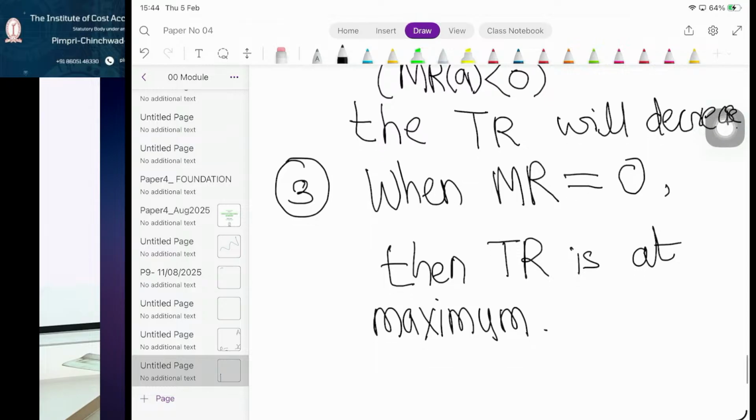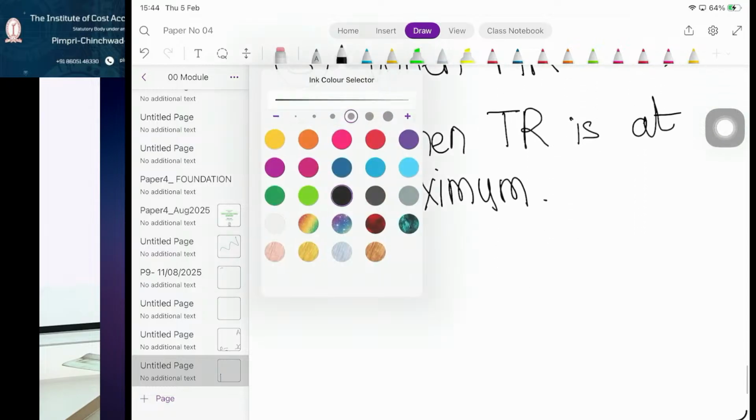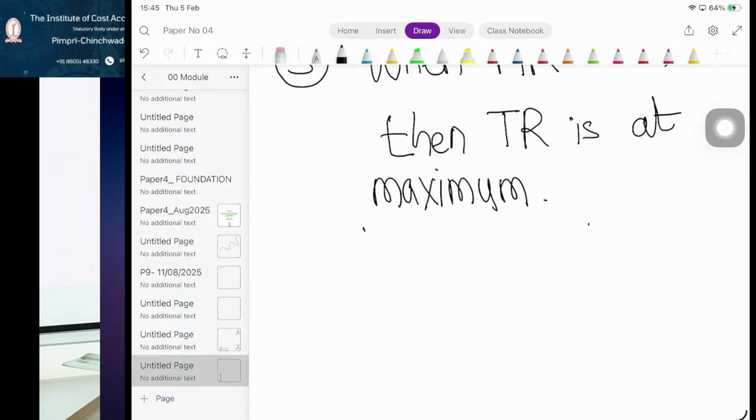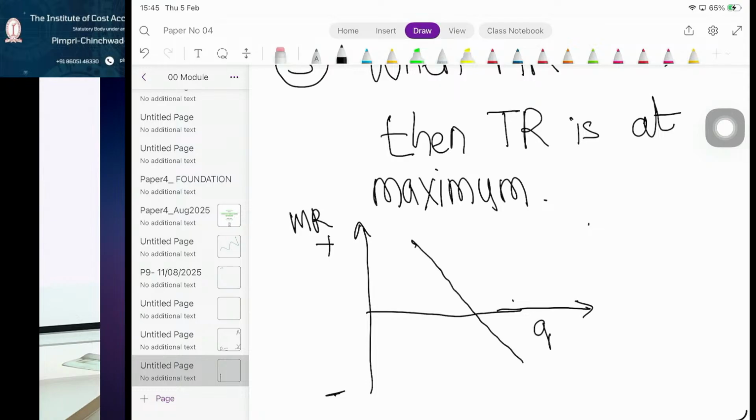Okay, so let me just draw a marginal revenue curve. Suppose I have a marginal revenue curve as we did just now, quantity is like this. This is marginal revenue. It is positive here, negative here. Okay, if you have a marginal revenue curve like this, mark this point as QM. Now to the left of QM, at each of these quantities, what is happening?